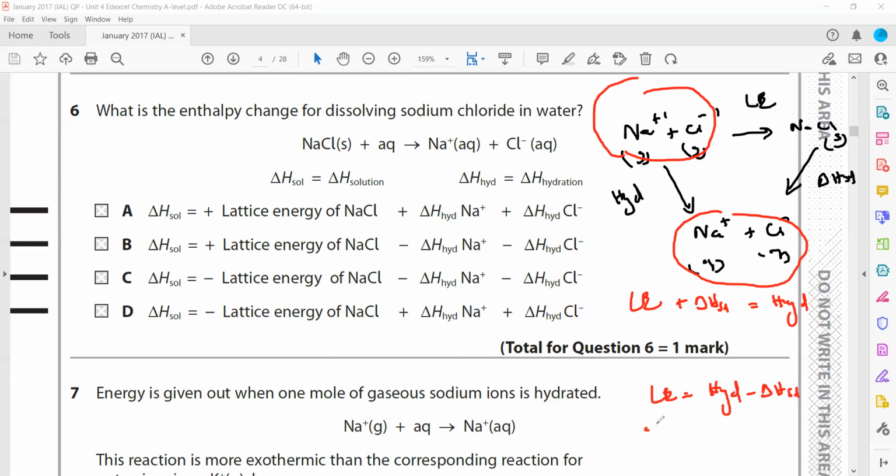Or if we need the enthalpy of solution, delta H, that will be hydration minus lattice energy. So hydration energy minus lattice, or minus lattice plus hydration.